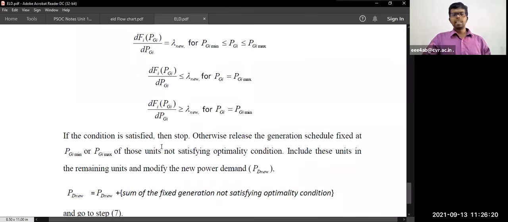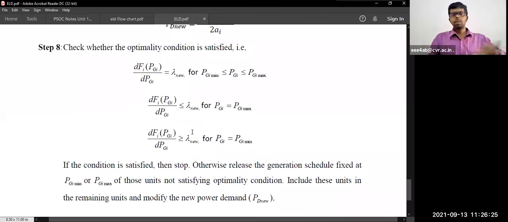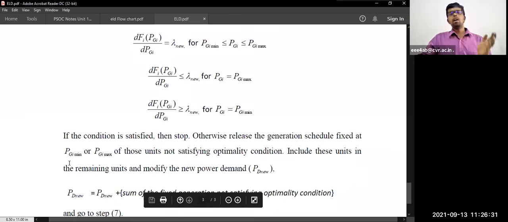If this condition is satisfied, then stop the procedure. That's all. Otherwise, release the generation and schedule the fixed generation to its minimum or maximum operating limits for those units that do not satisfy the optimality condition. Include these units in the remaining units and modify the new power demand.